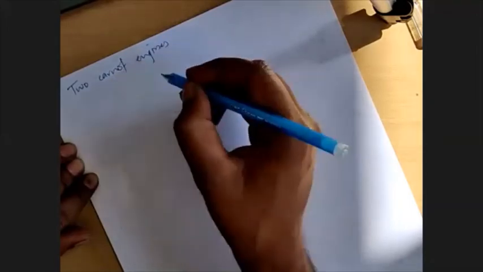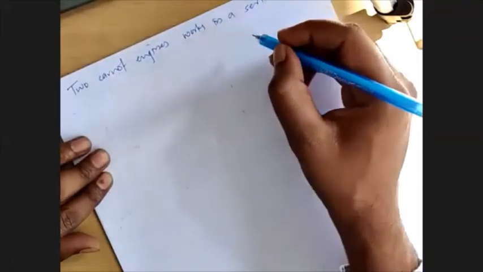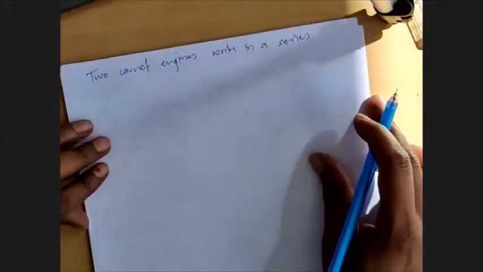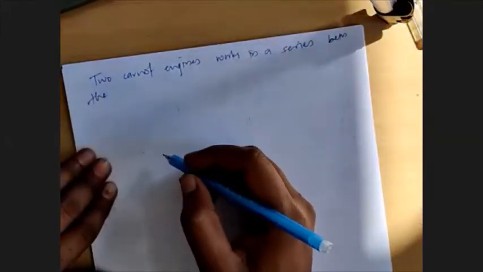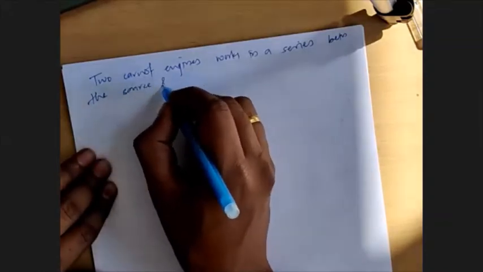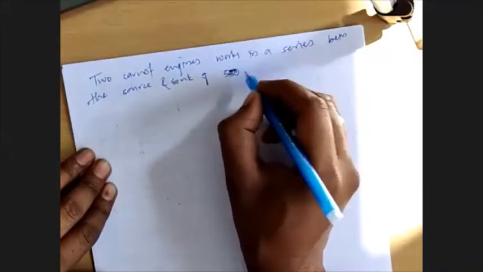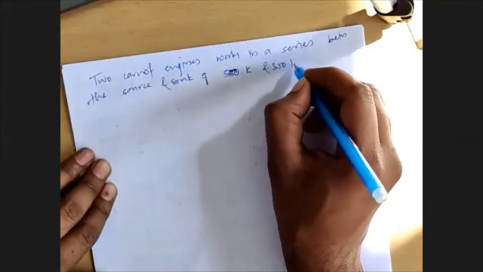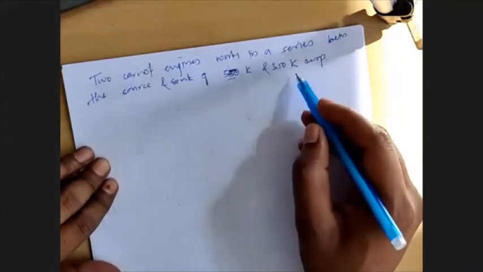Write down. Two Carnot engines work in a series between the source and sink of 550 Kelvin and 350 Kelvin respectively.